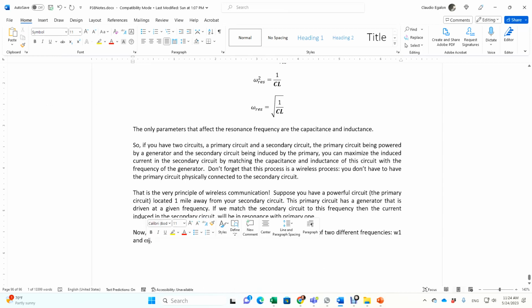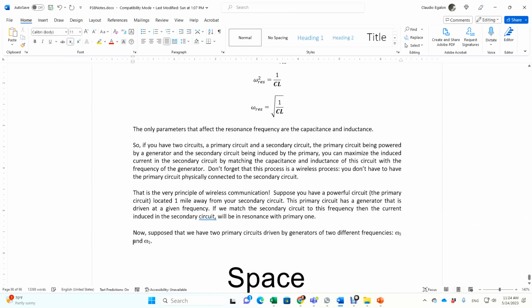So one primary circuit has a frequency omega 1 and the other primary circuit has a frequency omega 2.